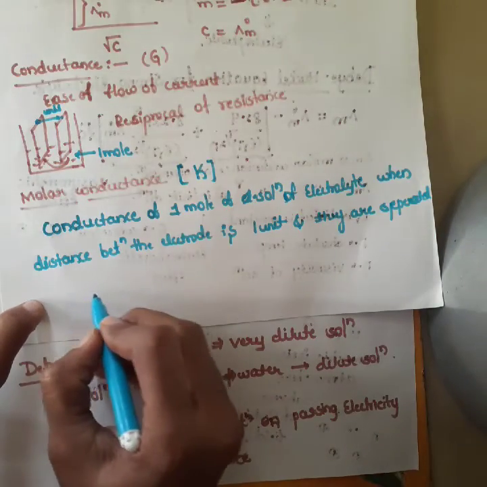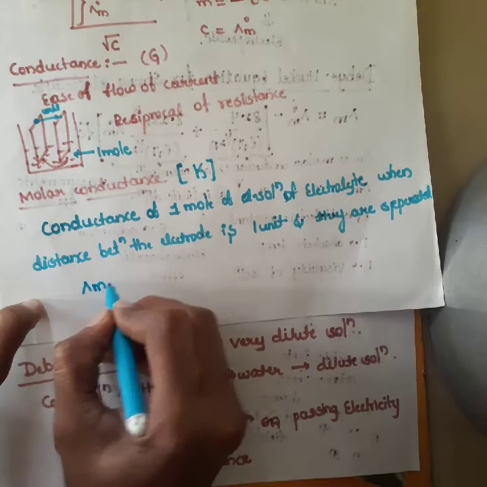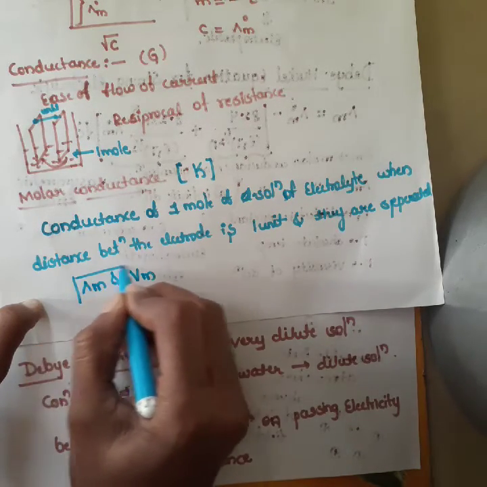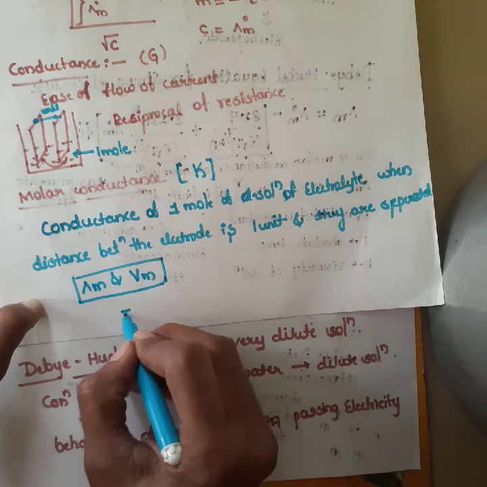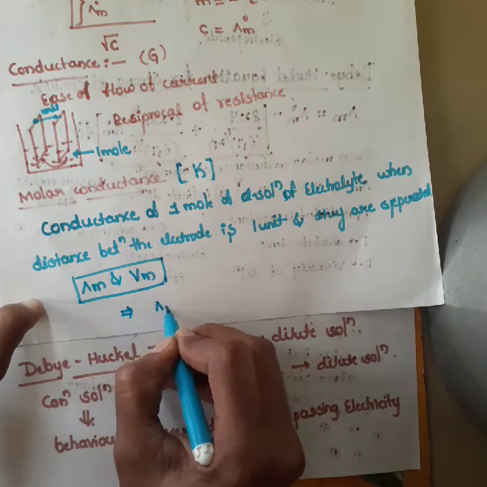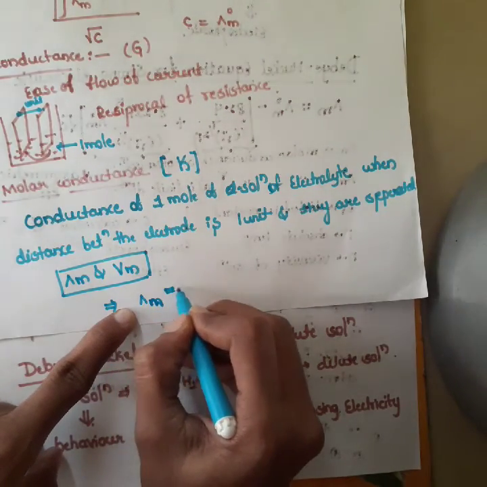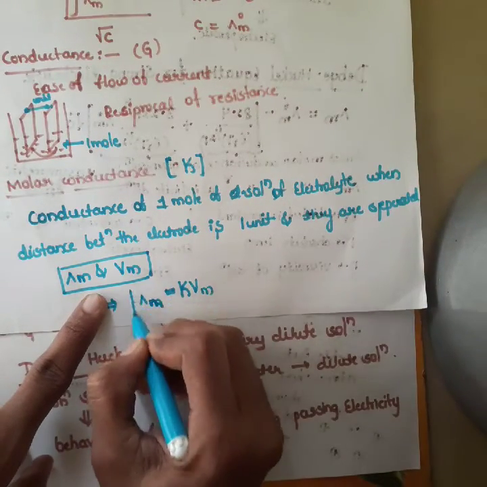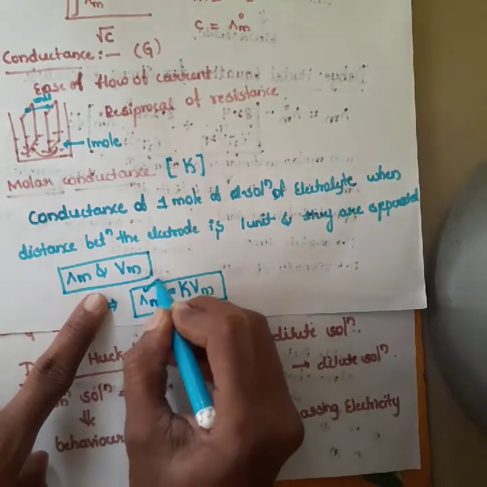Then the relation between molar conductance and molar volume can be calculated by using lambda m is equal to K into Vm, where lambda m is molar conductance.